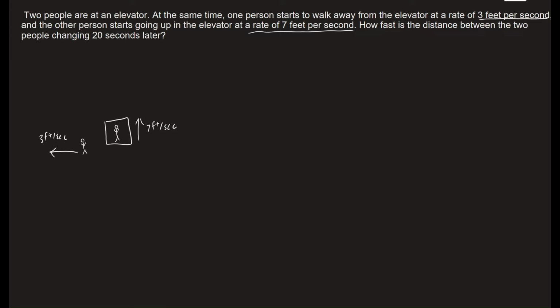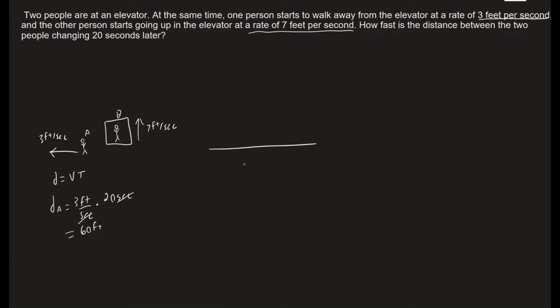So let's start off by getting each of their positions 20 seconds later. So distance equals velocity times time. So for person A, the distance will be 3 feet per second times 20 seconds. You can see the units will cancel and we'll be left with 60 feet.